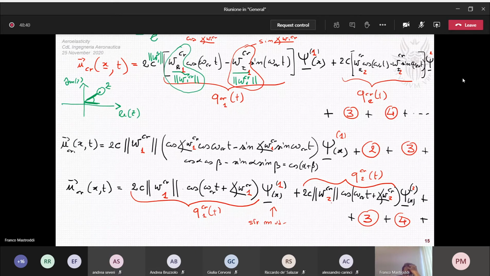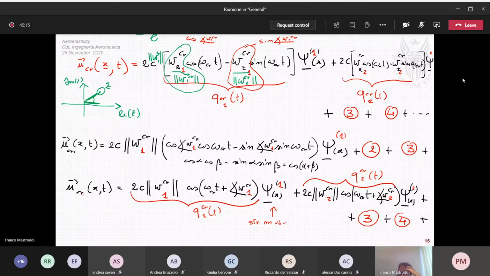So, is your flutter oscillation mainly dominated by the first mode shape? The answer is it depends on Q1 critical, and Q1 critical is dominated by the first component of your critical eigenvector in amplitude, in magnitude, and in phase as a complex number. How is the second structural mode relevant in your flutter vibration?